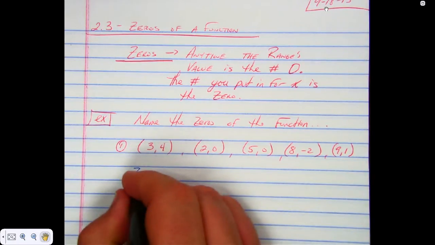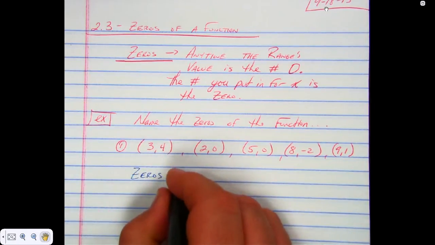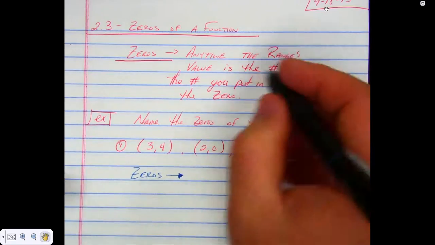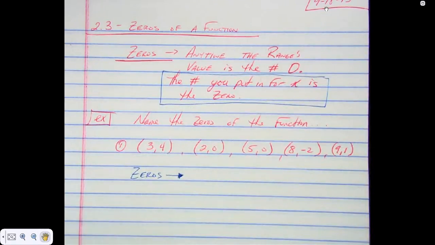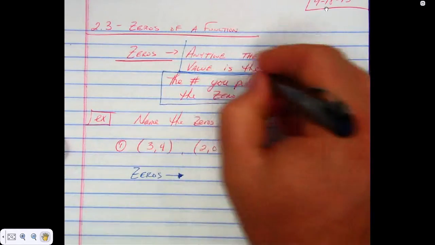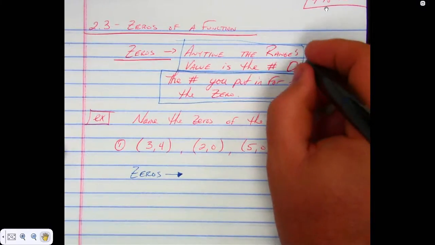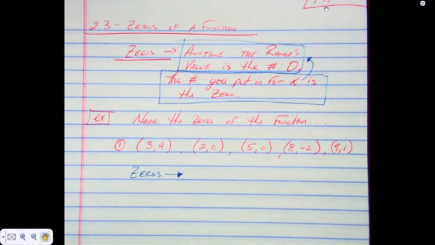What are the zeros? The number you put in for x and get 0 as the answer is a 0 of the function.